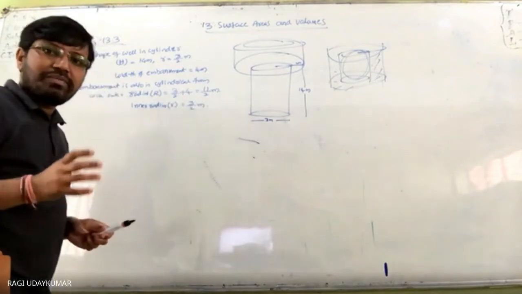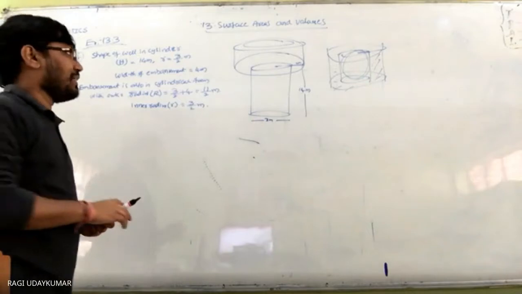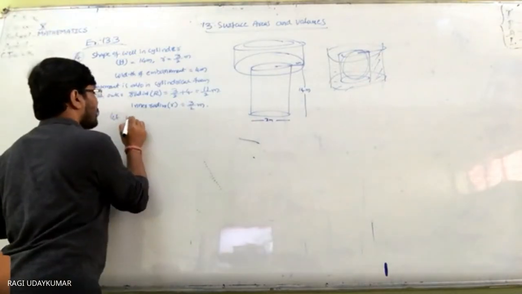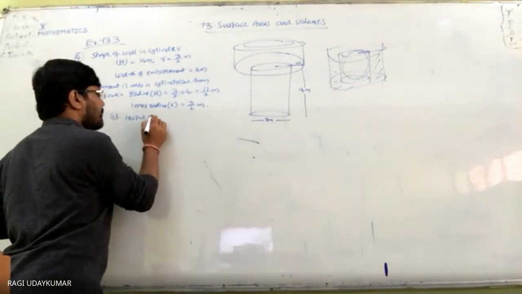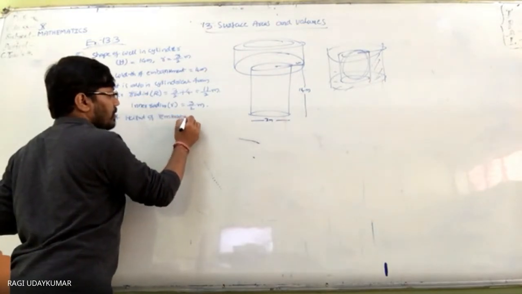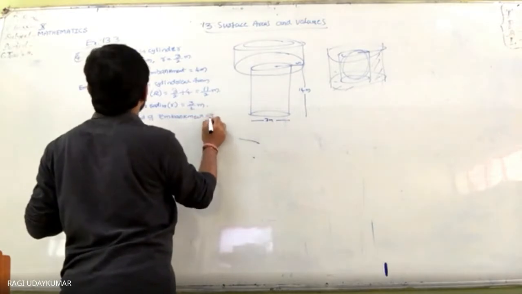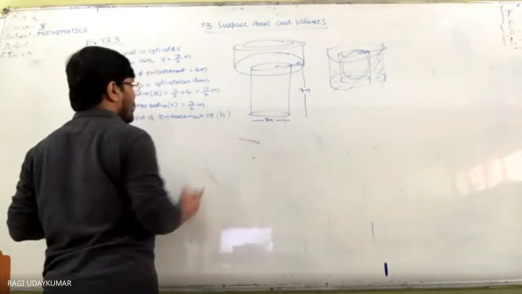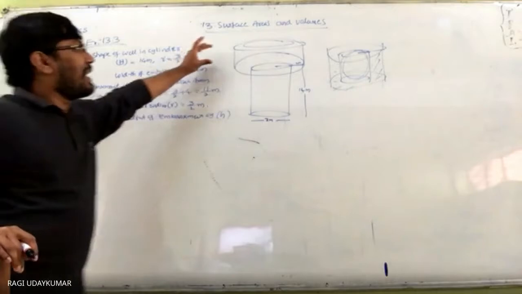Now what we have to find out is the height. Let the height of the embankment be considered as small h, because it is the height from here.